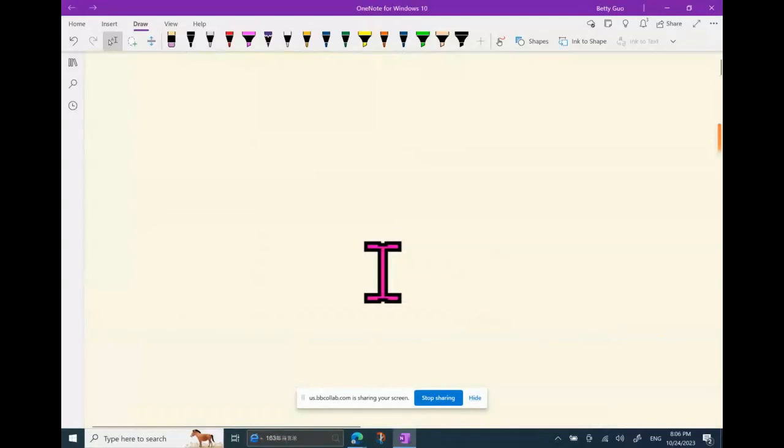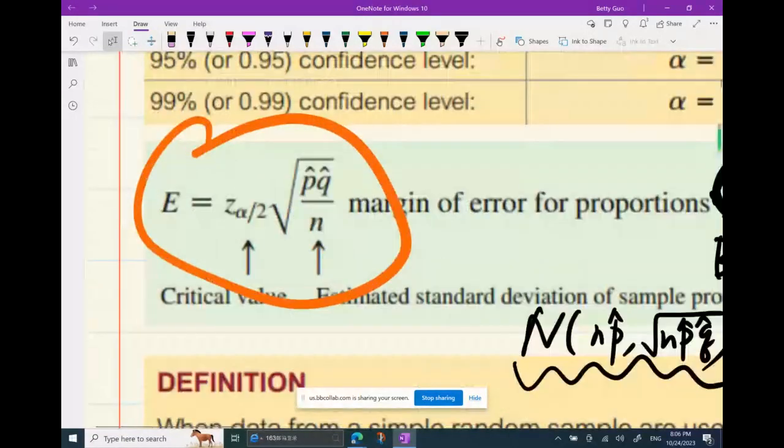Are you talking about the formulas and tables in the textbook?